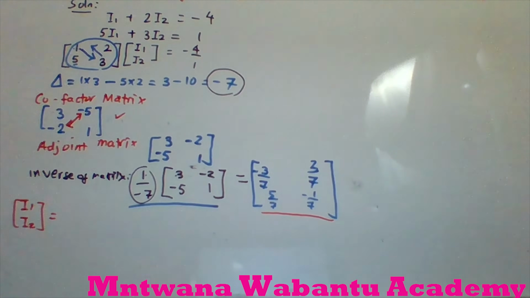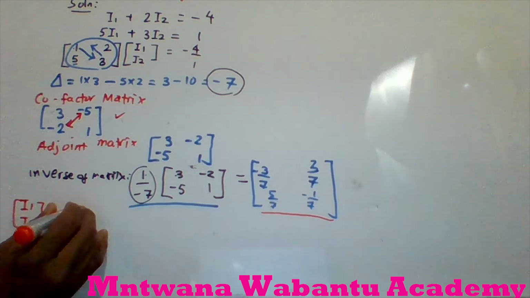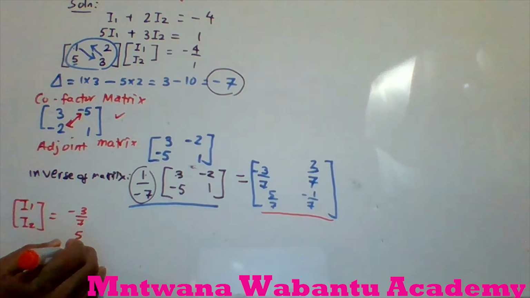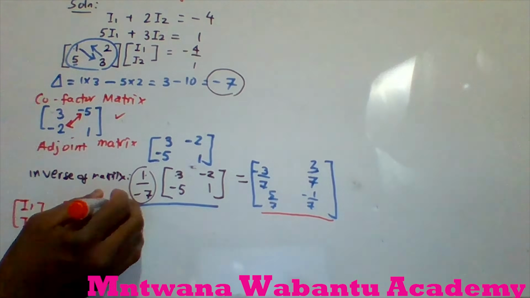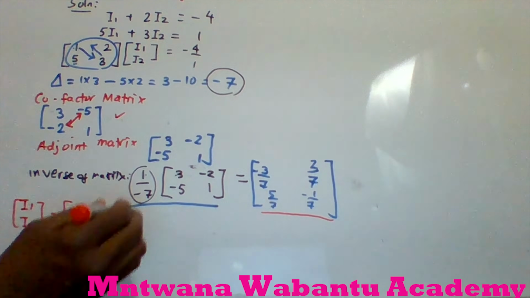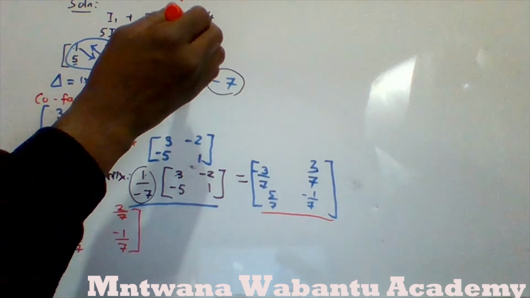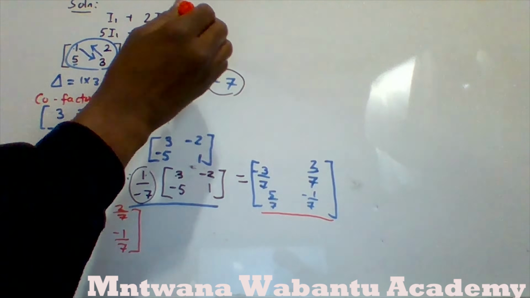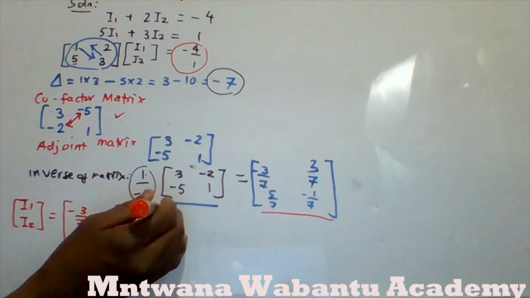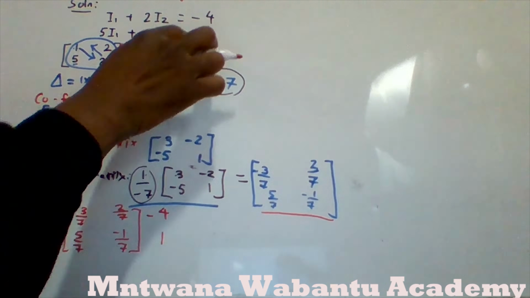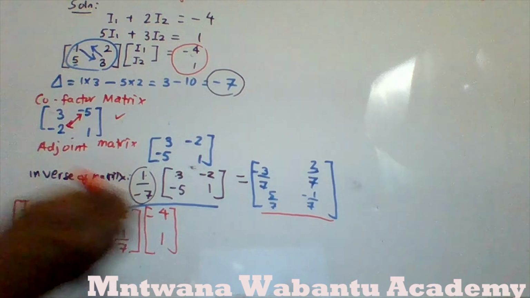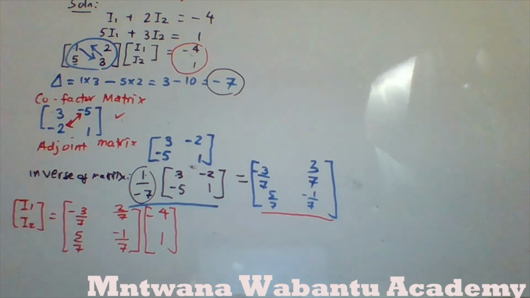This one here: -3 over 7, 5 over 7, and 2 over 7, -1 over 7, and then you multiply by this, -4 and 1, and that's going to help you get your currents.